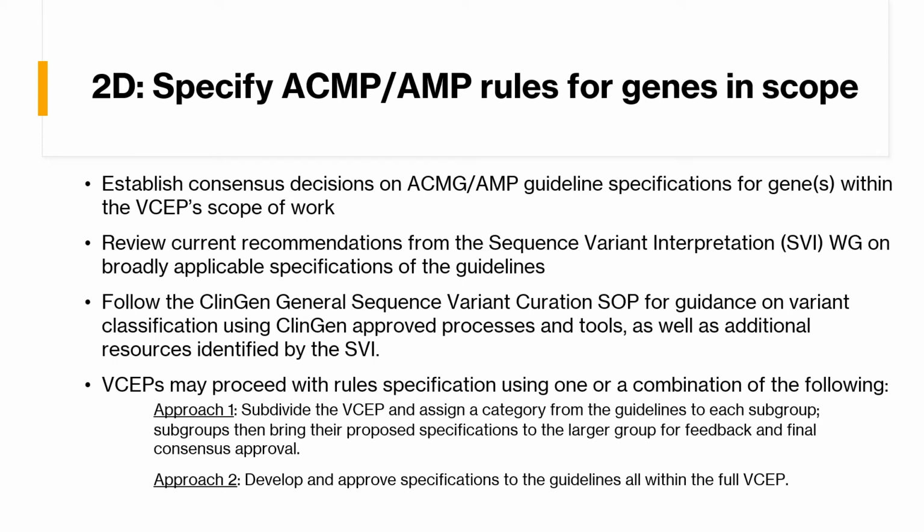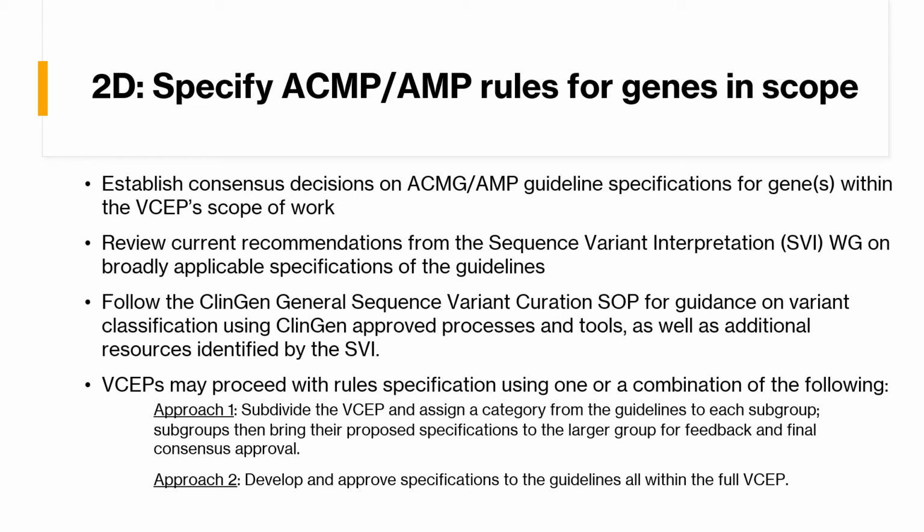There are also posted specifications for all the currently approved VCEPs, and new VCEPs are strongly recommended to review the work of these VCEPs and utilize already approved specifications that may be relevant to their group. A recently updated sequence variant curation SOP also provides guidance on variant classification using ClinGen approved processes and tools, as well as additional resources that have been identified as valid sources of evidence by the SVI.